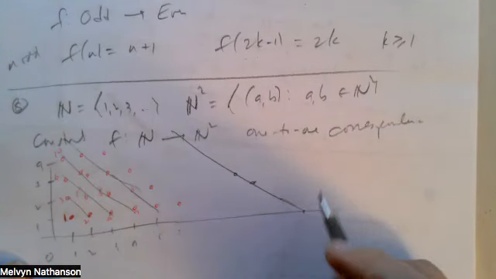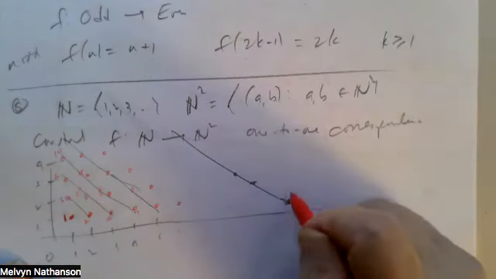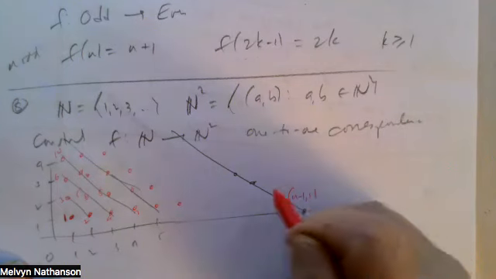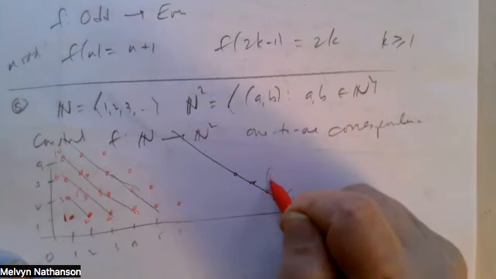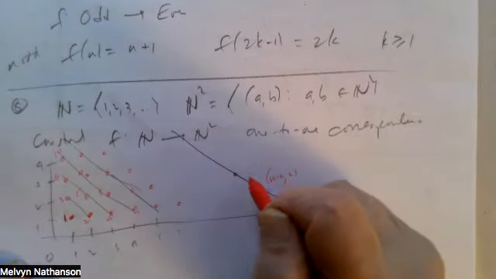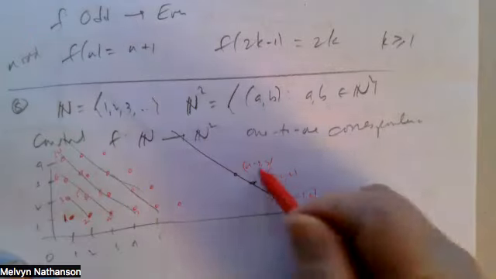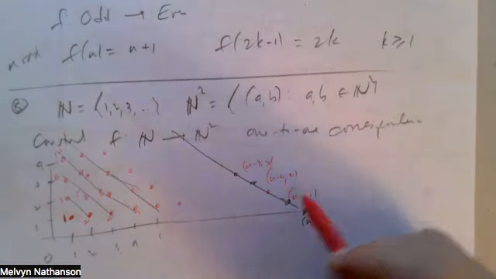On any given line, if you extended this line to hit at 0, if this were the point (n, 0), then when you go over 1, this would be (n minus 1, 1). When you go over and up 1, this would be (n minus 2, 2), and so forth, then (n minus 3, 3). The sum of the coordinates of all these points adds up to n.